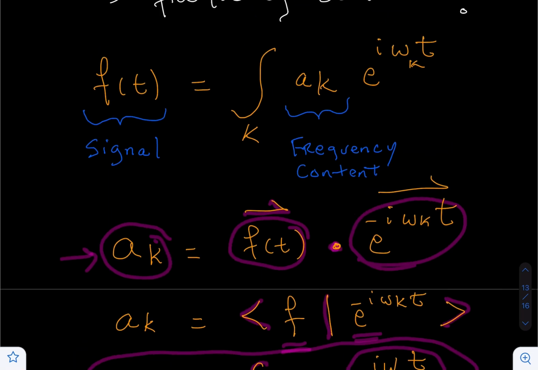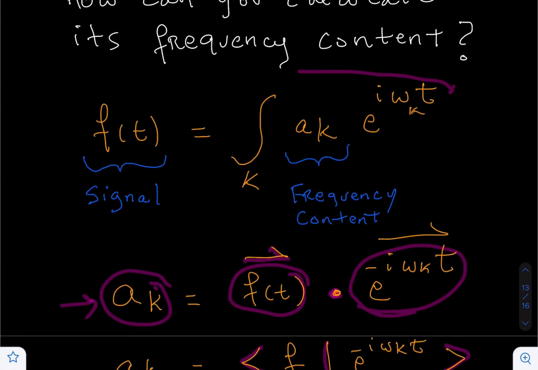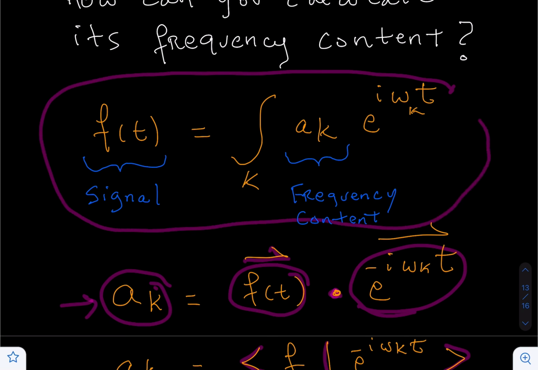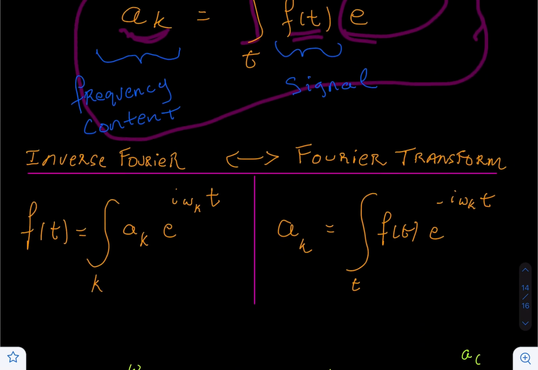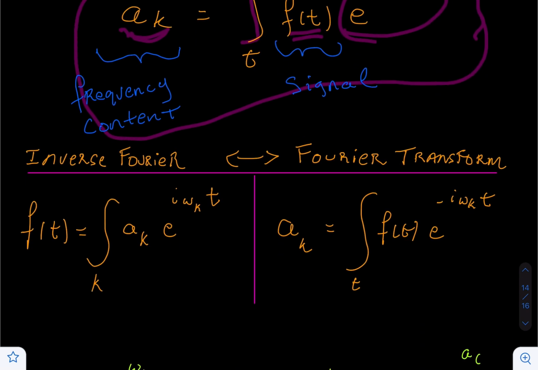And all along, when you're putting together a signal from a bunch of tones, adding a bunch of tones together, this is the inverse Fourier transform. So there you have it. On one side you have the inverse Fourier transform, which is a sum of all kinds of tones: a little bit of 440, a little bit more of another, and how much of every one of them you can figure out by using a Fourier transform.